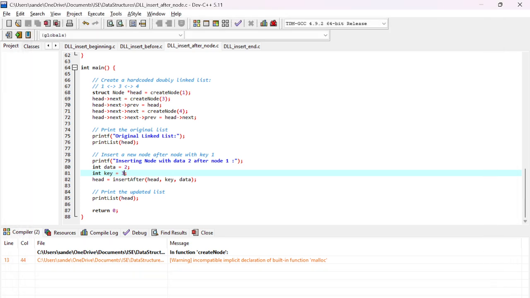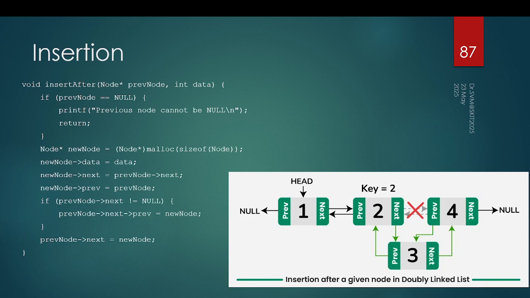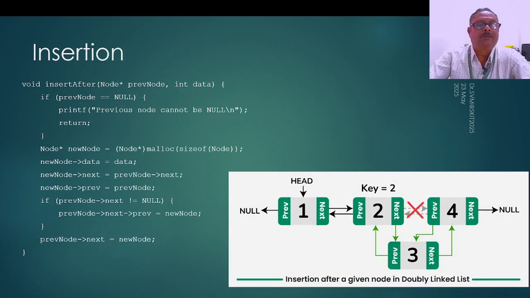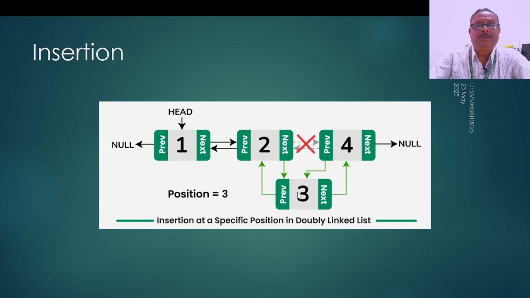So that's what we are talking about when we are working with insertion at any given position. Then we just keep incrementing. We start with the head at position 1, then go to 2, then 3, and then 4, and so on till we reach the position.